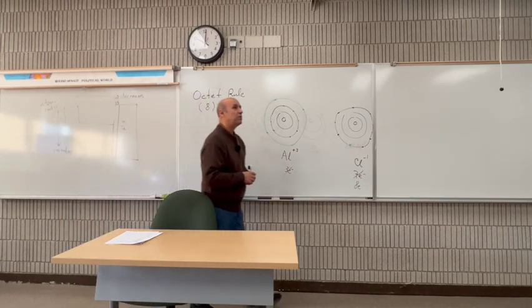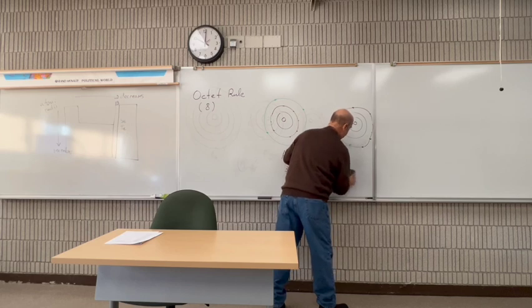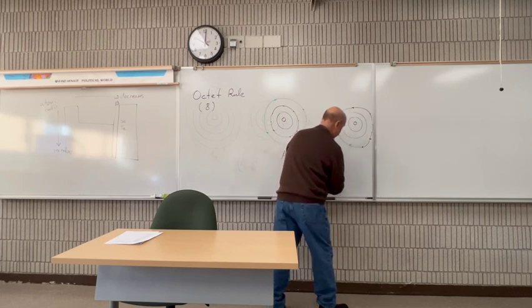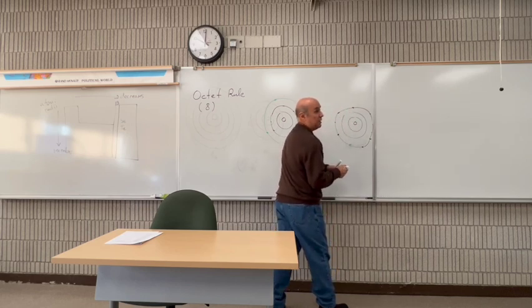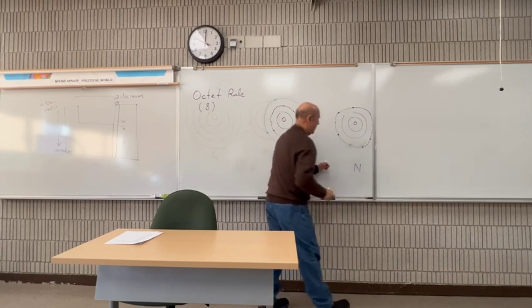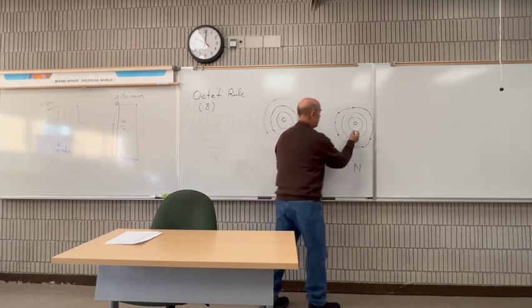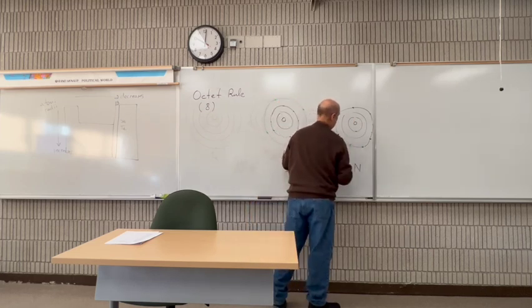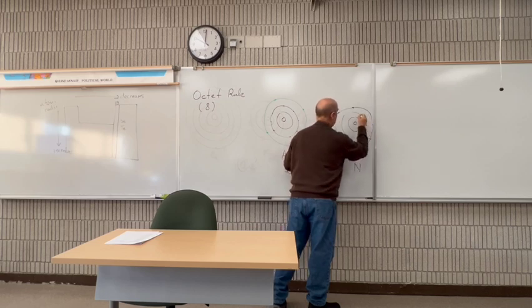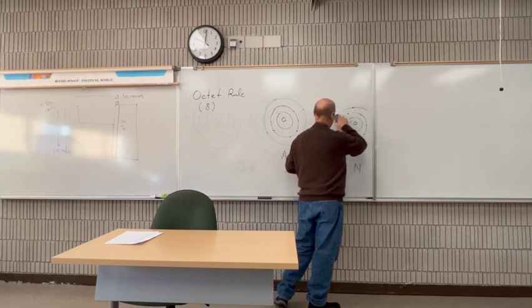Now let's move on to group 15. So let's put group 15 here. An example would be nitrogen. Nitrogen, number 7 on the periodic table, has 2 electrons in the innermost shell, they don't count, and then it has 5 more, 1, 2, 3, 4, 5 on the valence shell.